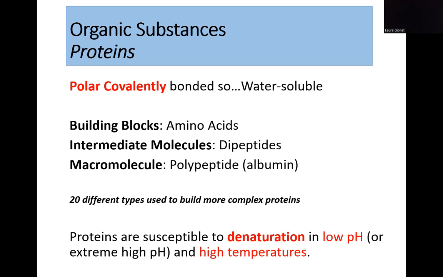And it's called denaturation. Denaturation is when we break the hydrogen bonds within proteins and they start to unravel. So proteins are susceptible to denaturation, which is due to one or both, either extreme pHs like a low pH and or high temperatures. It breaks these hydrogen bonds that I described before.